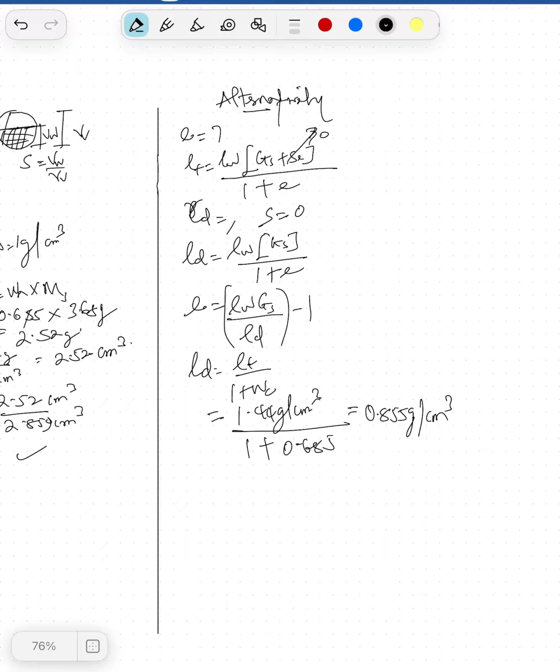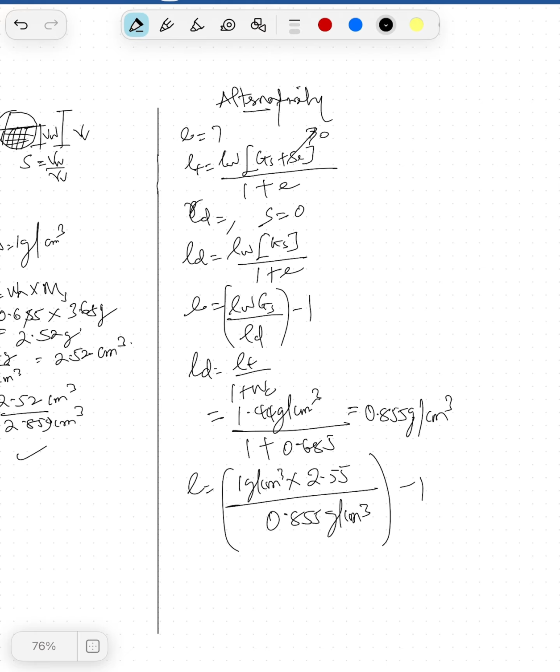So when we put that into the equation, we have 1 gram per cm cube times 2.55 all over 0.855 gram per cm cube minus 1. So this should give us the same answer as the first method we used. 2.55 divided by 0.855 minus 1. So we have e equals 1.982.